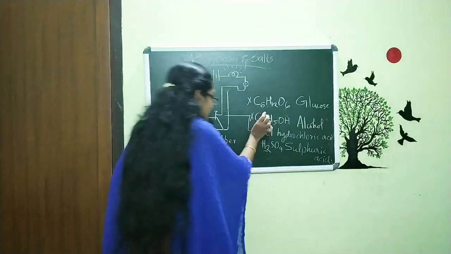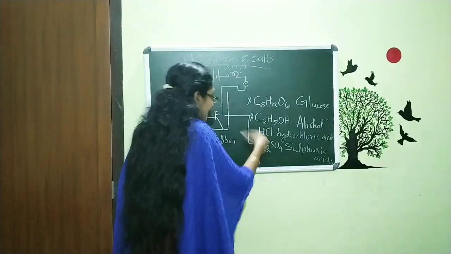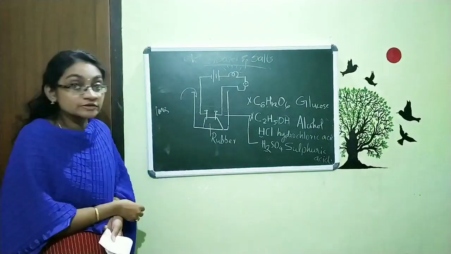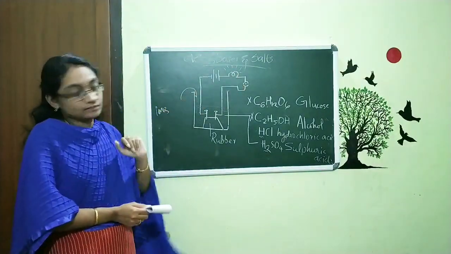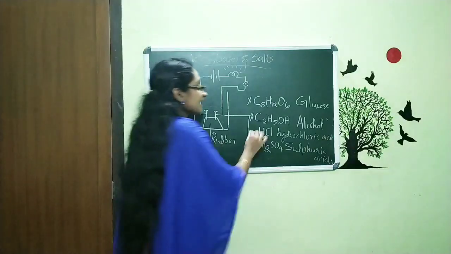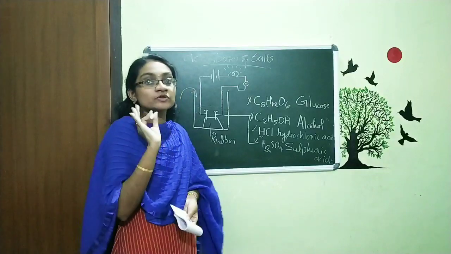We again repeat the experiment with sulfuric acid, and this time also you can see that the bulb is glowing. That means in the case of glucose and alcohol, the bulb is not glowing.